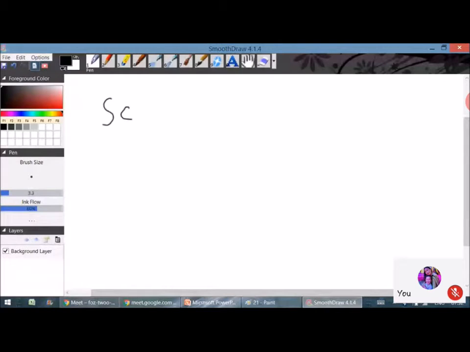Scandium: what is its atomic number? When you write down the electronic configuration, it is 4s2 and 3d1.